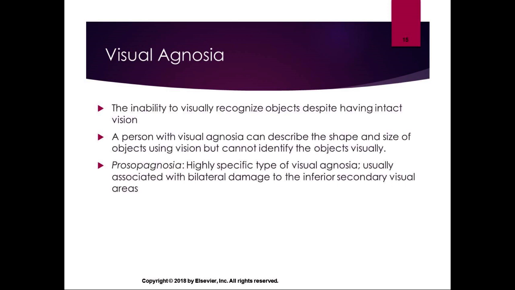And so you can't recognize specific things, which is really interesting. So there's a certain part of your brain that is dedicated to recognizing your car or your child or your husband. And that particular type of visual agnosia means you look at your husband and you don't know who he is, which is really strange, but a very specific type of visual agnosia.